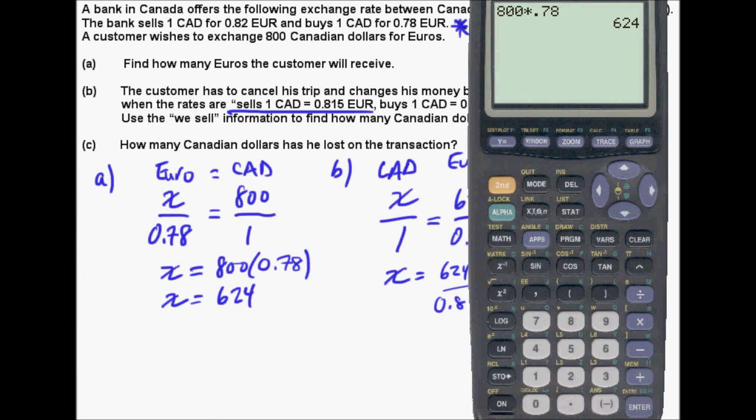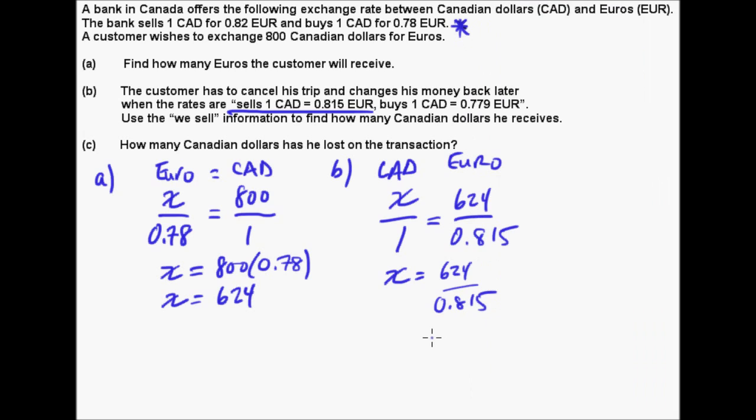That's my recording software. So we will do 624 divided by 0.815, and we're going to get $765.64.